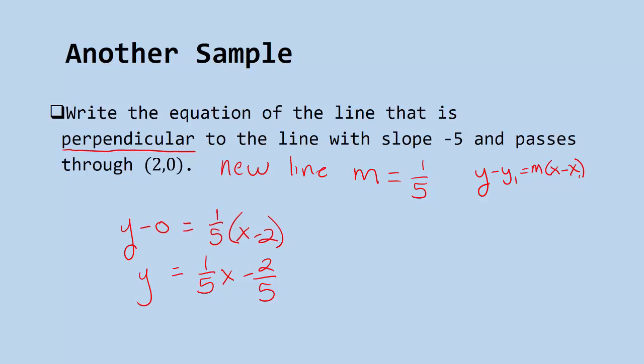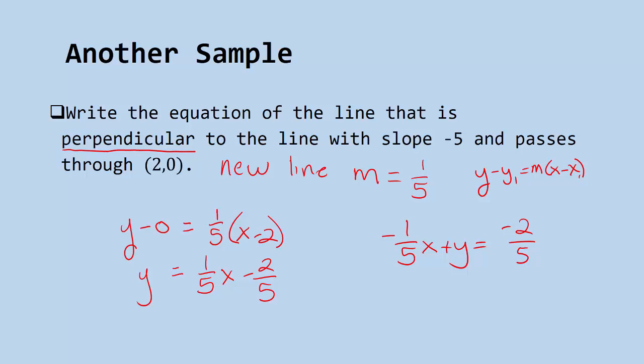Now, if you have a homework assignment that's requiring you to put it into standard form, let's go ahead and move our x over. So I'm going to subtract it from both sides and get negative 1/5 x plus y equals negative 2/5. And if you're required to put it in standard form so that there are no fractions, we're going to multiply by the LCD, which happens to be 5.